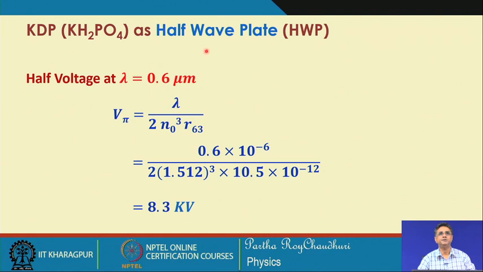So, half voltage in this case for lambda equal to 0.6, we can calculate that it is 8.3 kV for this value of the electro-optic coefficient, and this is your ordinary refractive index at the operating wavelength of 0.6.